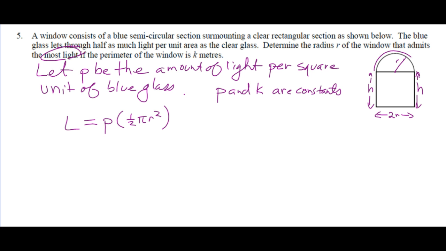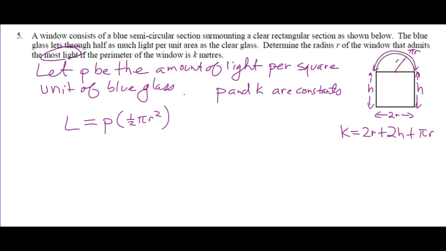And this arc is half of the circumference, which is 2 pi r, so half of 2 pi r will be pi r. So that means k, the perimeter, is equal to 2r plus 2h plus pi r.